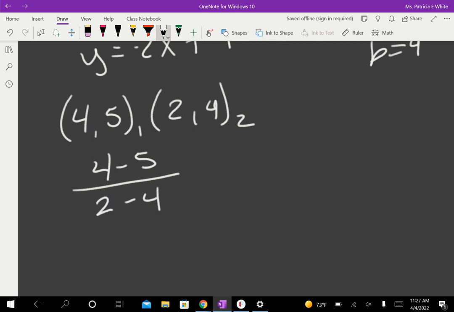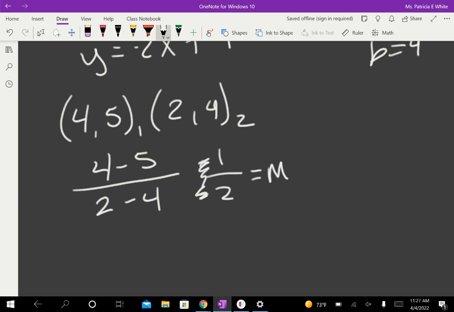Make sure that you put it in the same order. So I got negative 1 over negative 2. What does that simplify to? 2 negatives, so m is 1/2.